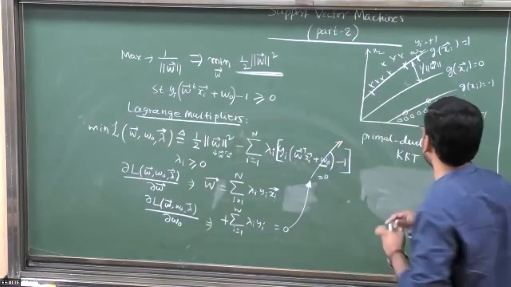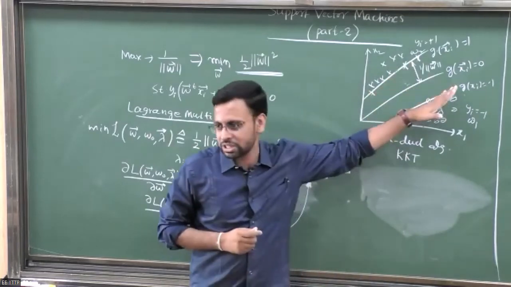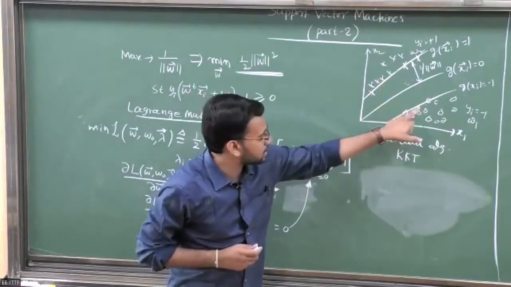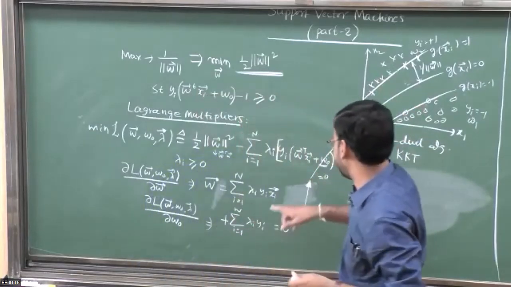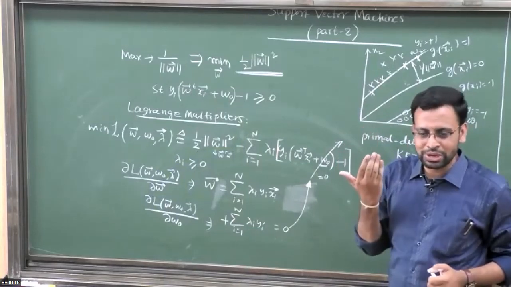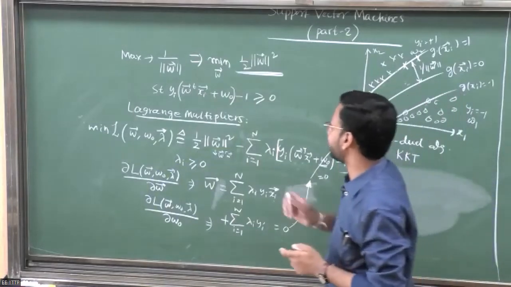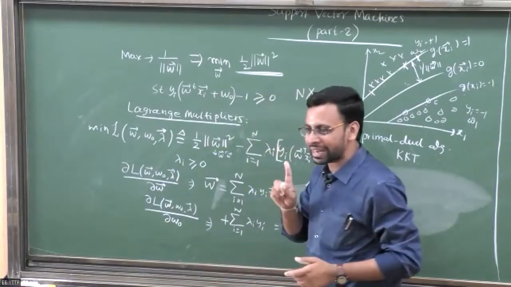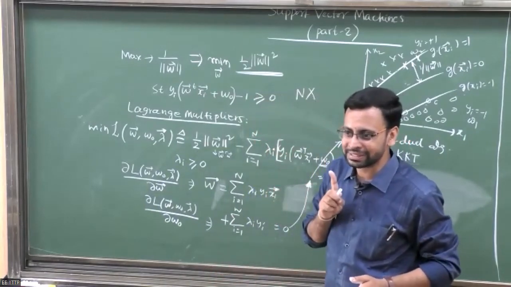Why is it so? Support vectors are the closest ones. The moment you are saying that this is for support vectors, what is this value, by the way? That is 1. So in your optimization problem, you will not in fact do it for n feature vectors.